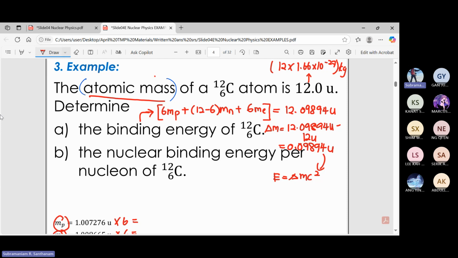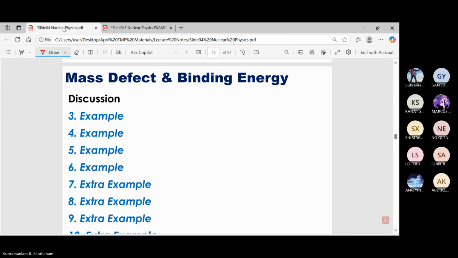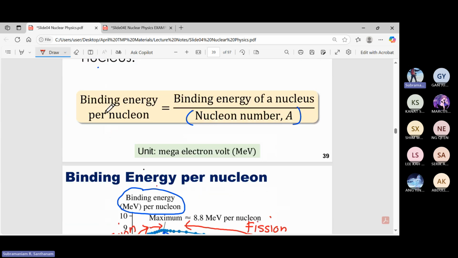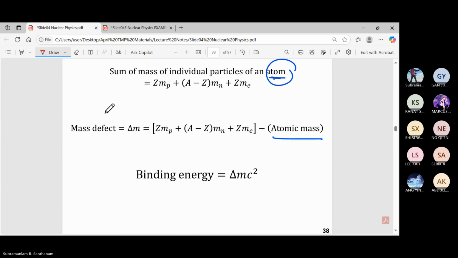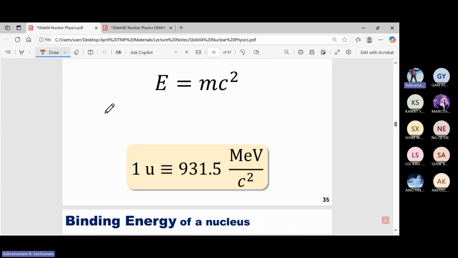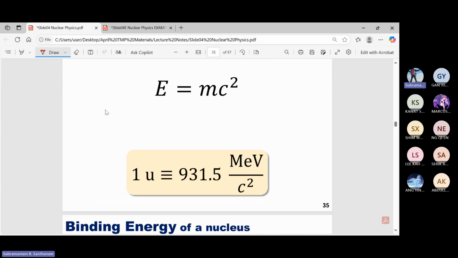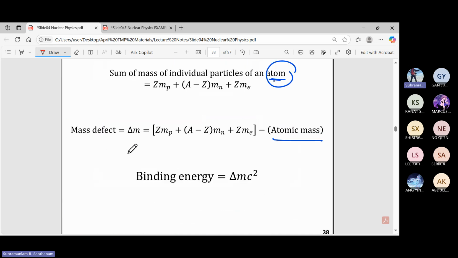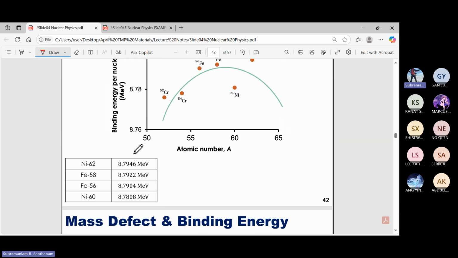Or, just now there was an assumption that 1 u is equivalent to 931 something. You follow the question. If the question has given you the equivalent, this value, 931.5, 1 u is equivalent to 931.5 MeV, you can also use that to solve this.